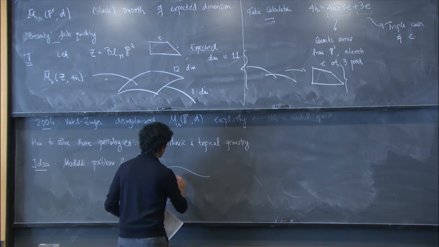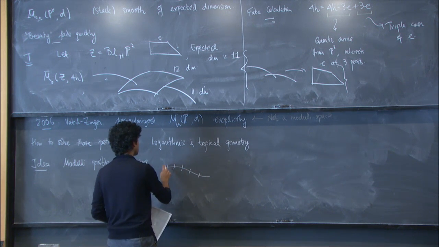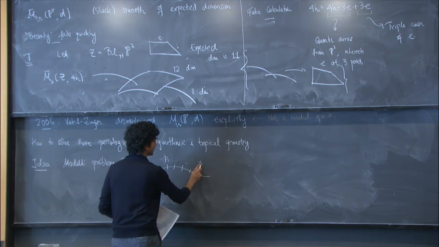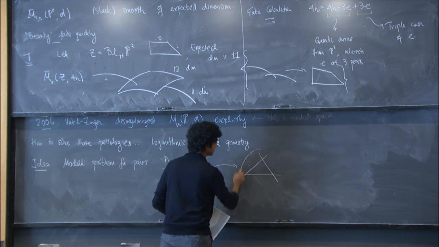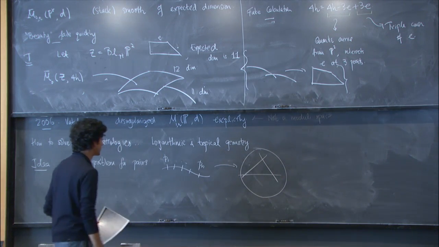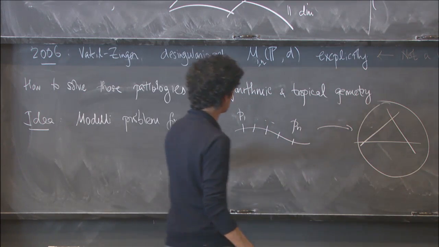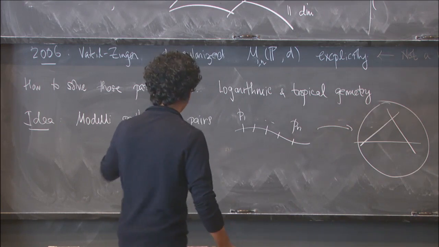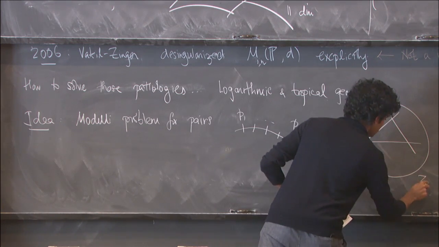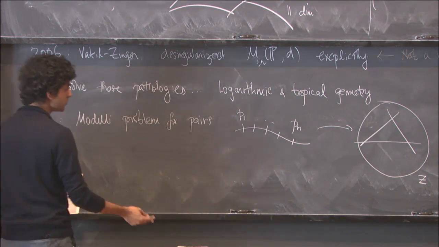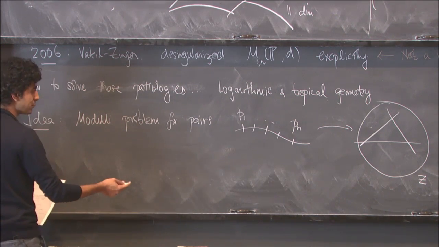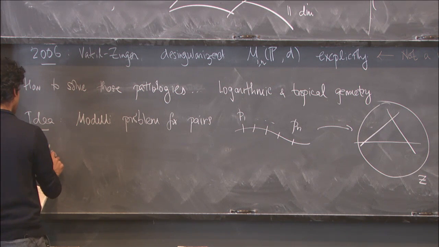And so maybe that just should be your starting point. Right? So I have a bunch of marked points here, and I want to map to some toric variety, and I want to prescribe the contact orders of these points with the toric boundary. Okay, so you've set up a problem like this. So how do you compactify it?